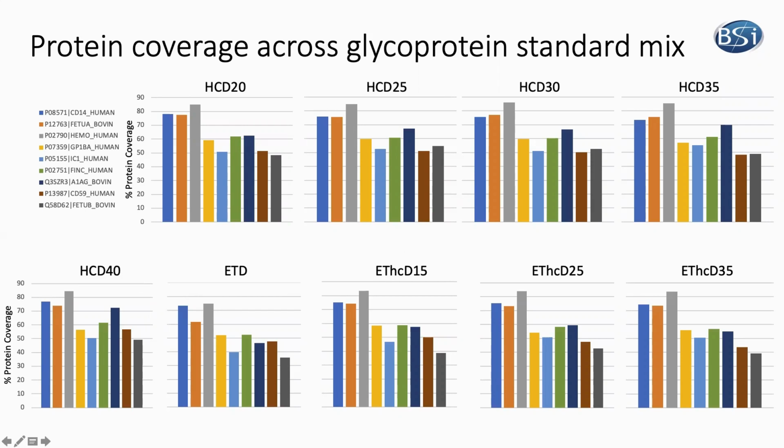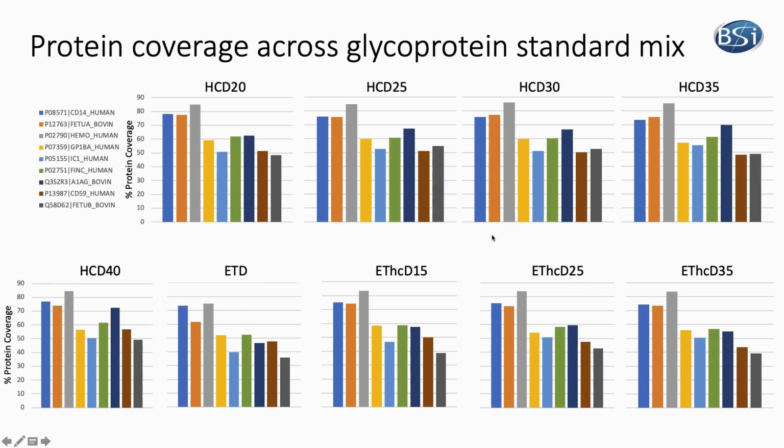Overall, we see fairly consistent coverage across all of the different methods, a slight drop in protein coverage when using EThcD, which may not be too surprising, since without the HCD supplementation, we don't see good peptide backbone fragmentation. But overall, fairly reasonable protein sequence coverage across all of the methods.